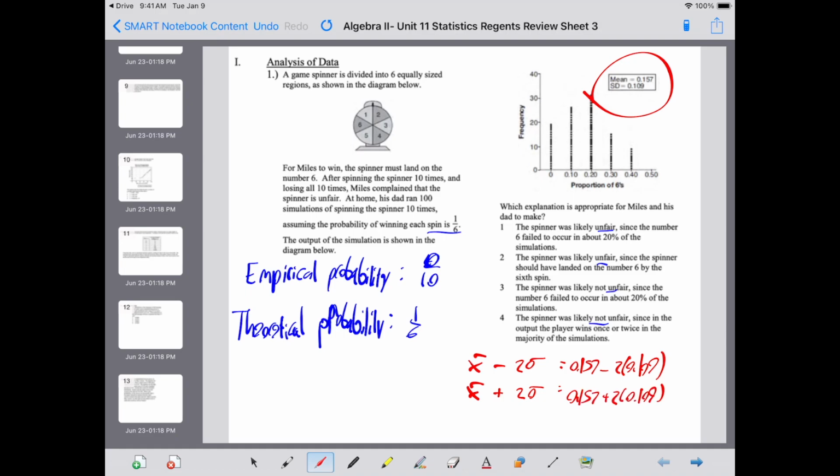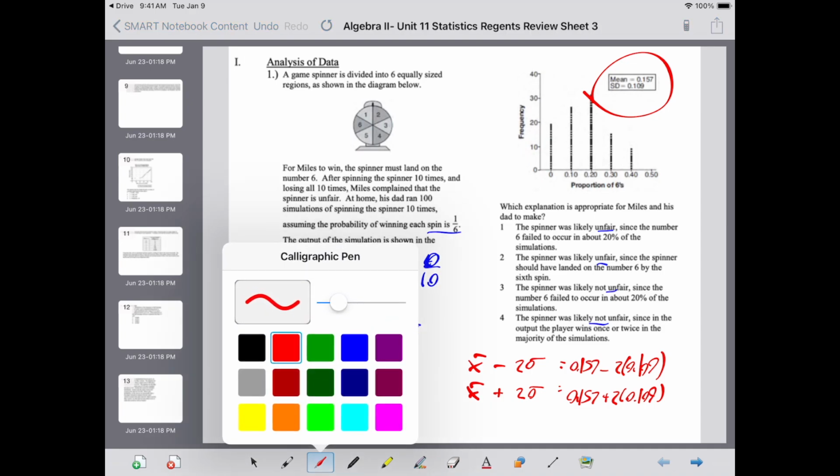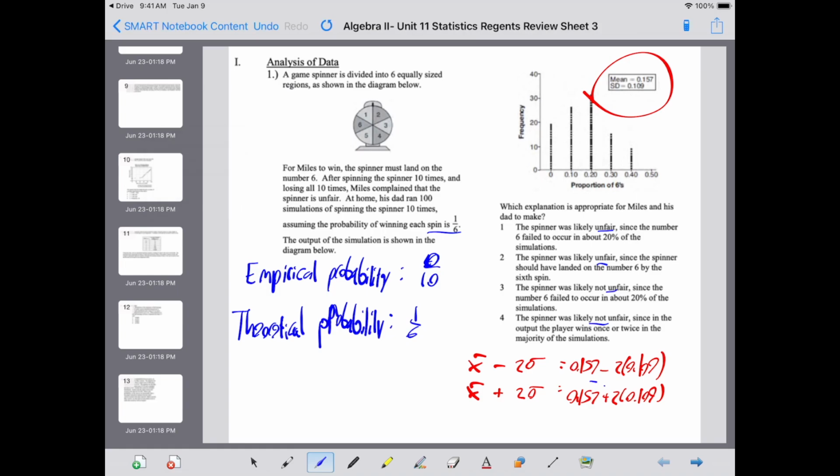Okay, let me put that in my calculator. You get negative 0.061 and 0.375. So that would fall somewhere here and somewhere here, and this is your middle 95%.